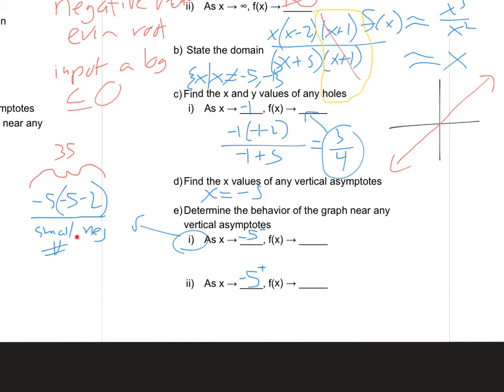The closer the number that I plug in is to -5 in the denominator, the smaller this negative number will be. If I plug in -5.1 versus -5.01 versus -5.00001, it's just going to get smaller and smaller, but it will always be negative because it's on the left of -5. So you've got 35 divided by a really small negative number.